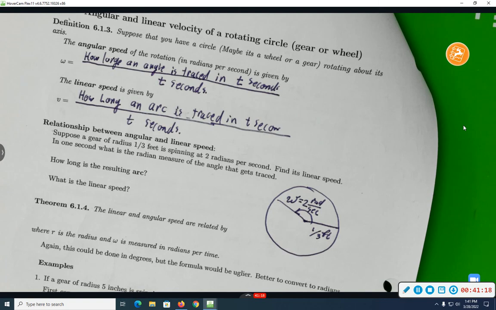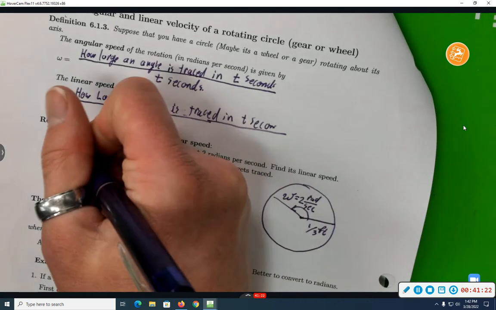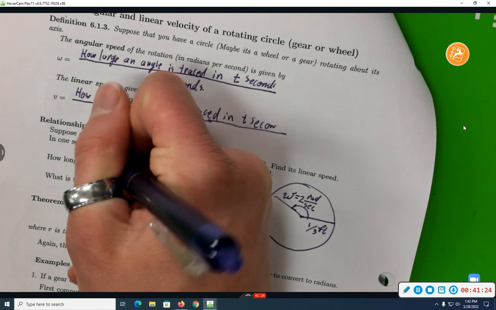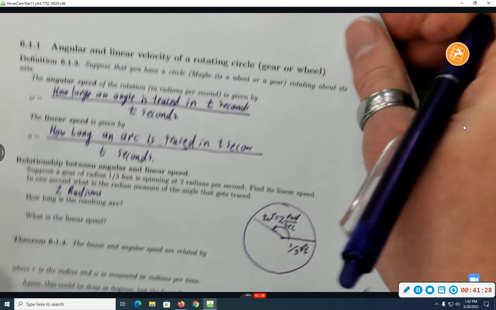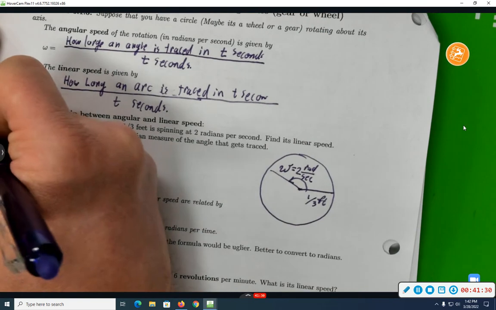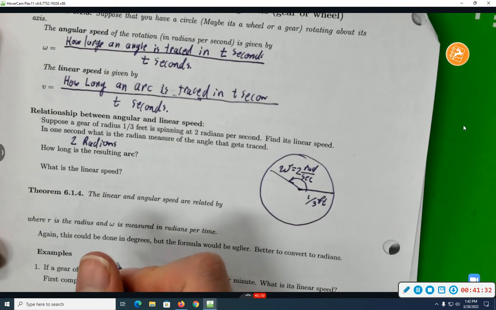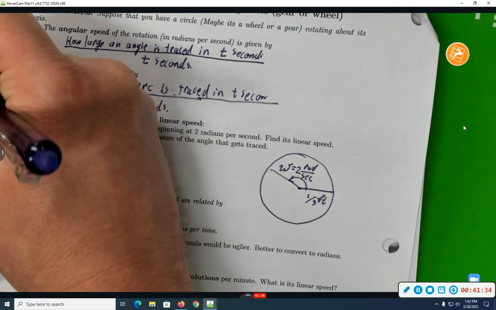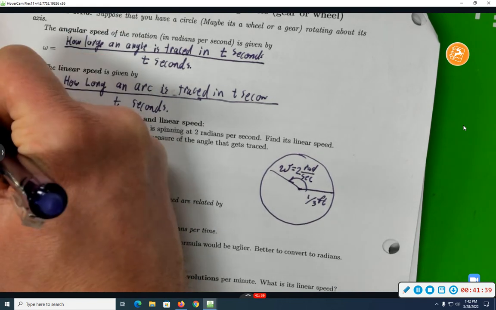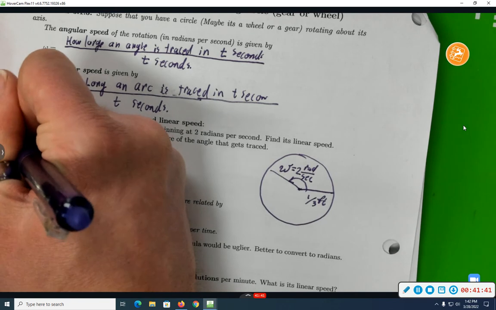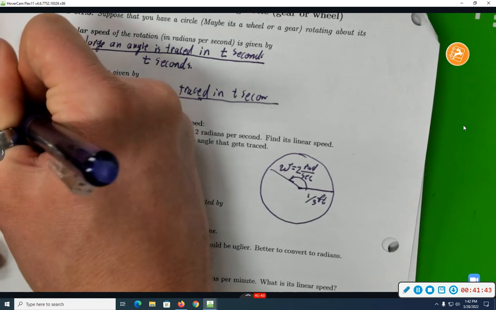That's what speed means. 2 radians. And remember, we have this conversion. If you know the angular measure of it, the radian measure of an angle, that's equal to s, the arc length, divided by r, the radius.